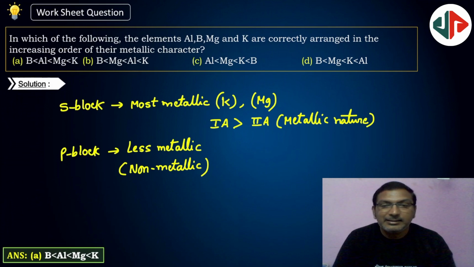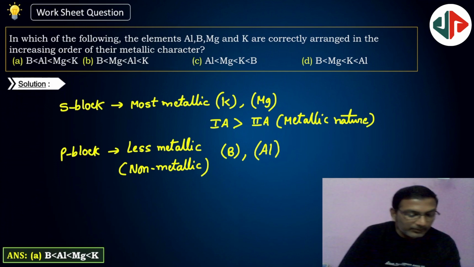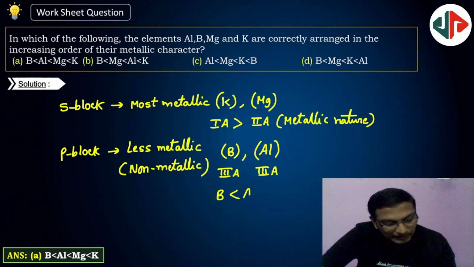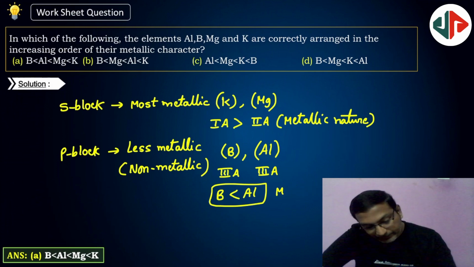The p block elements here are boron and aluminium. Between boron and aluminium, these are both group 3A. When compared to boron, aluminium is more metallic. I will write here.